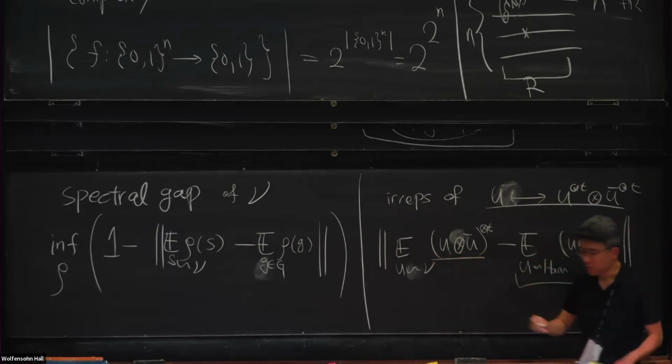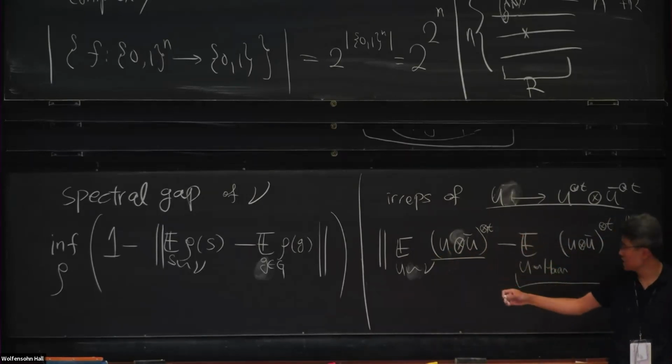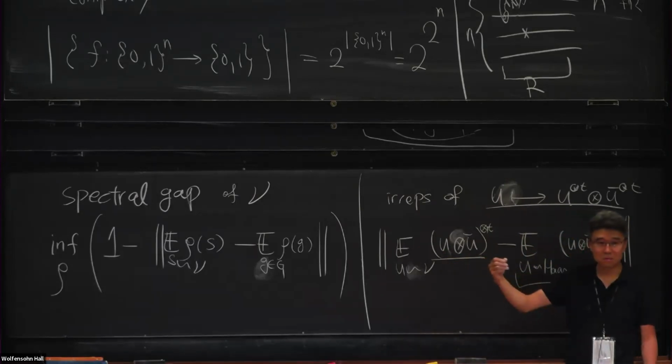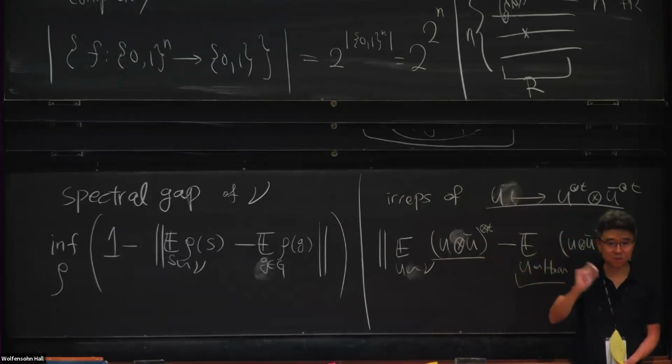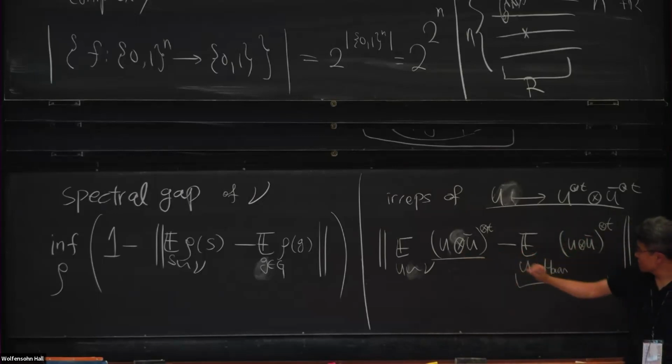If you've written out all the matrix elements in the gigantic matrix, gigantic but still finite, it contains all possible monomials of the products of matrix elements of U. And I demand that if this quantity is small or the gap is large, then that quantity is close to that of the Haar measure. So you are matching the t-th moments overall. And that came naturally from the connection to the mixing property over the graph and Cayley graphs.